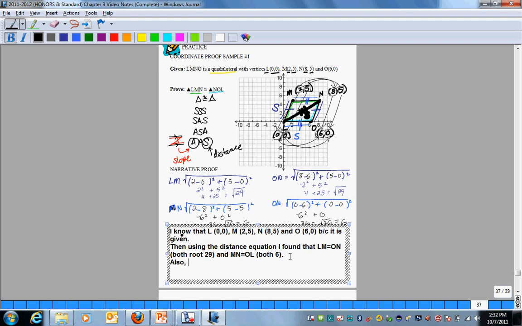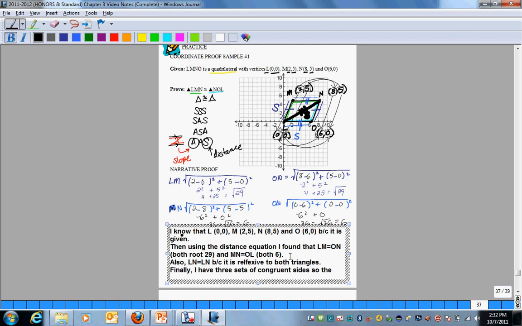And I can say also LN is equal to LN because it is reflexive to both triangles. Finally, I have 3 sets of congruent sides.